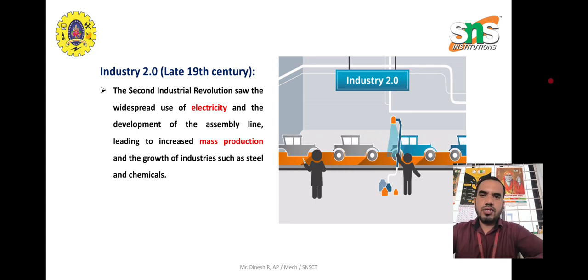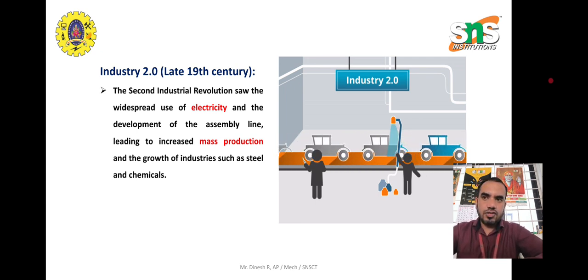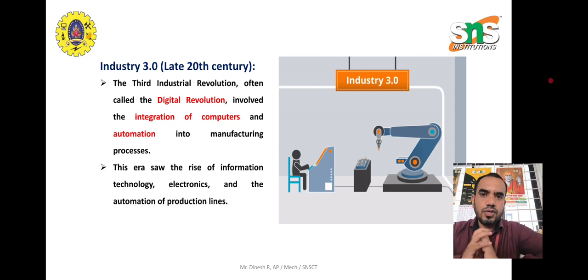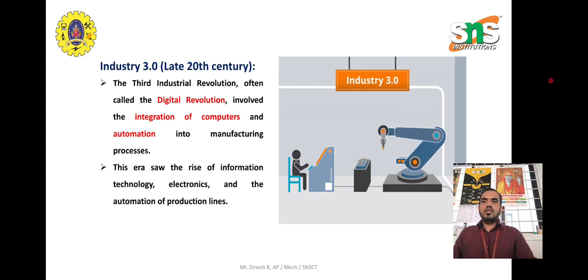The third one is what we call the digital revolution, which is an integration of computers and automation. As you see in the picture, a man is controlling the entire automation with an integrated system. This is what industry 3.0 is.